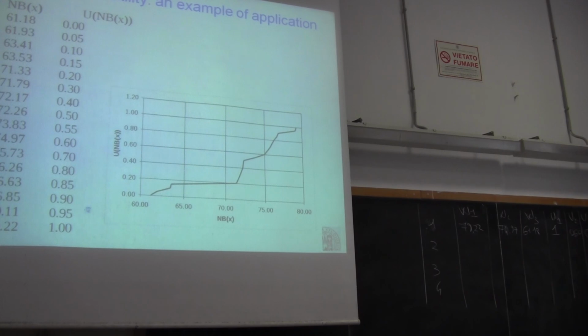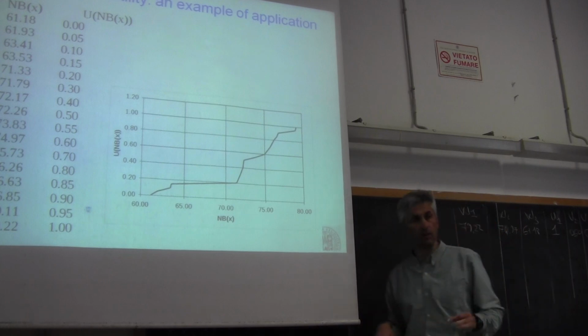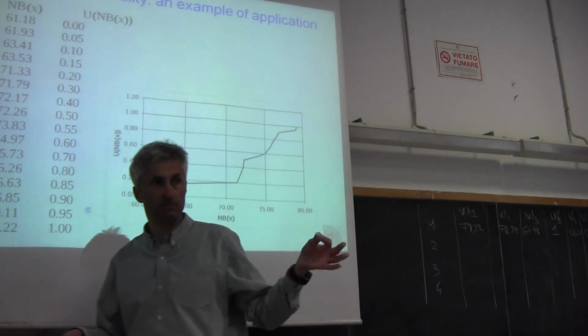So the average is (0 plus 1 plus 0.6) divided by 3, which is equal to 0.533. This is the average utility of the first decision.